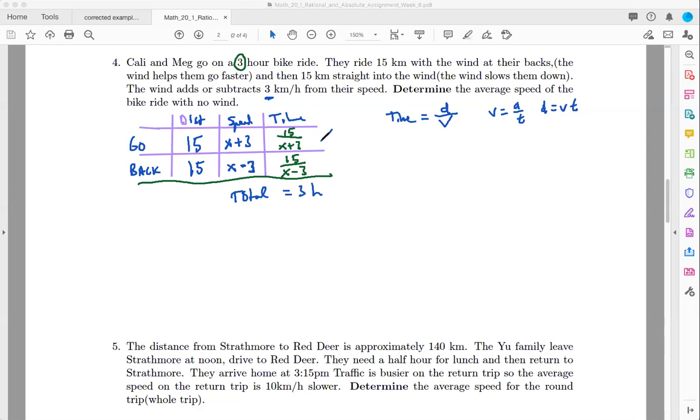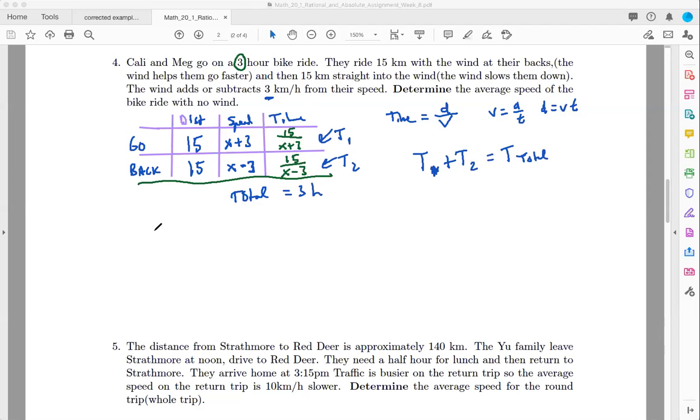This is an expression of time, we'll call it T1. This is an expression of time, we'll call it T2. So the go time, time 1, plus the back time, time 2, is equal to the total time that they took to go on their bike ride.